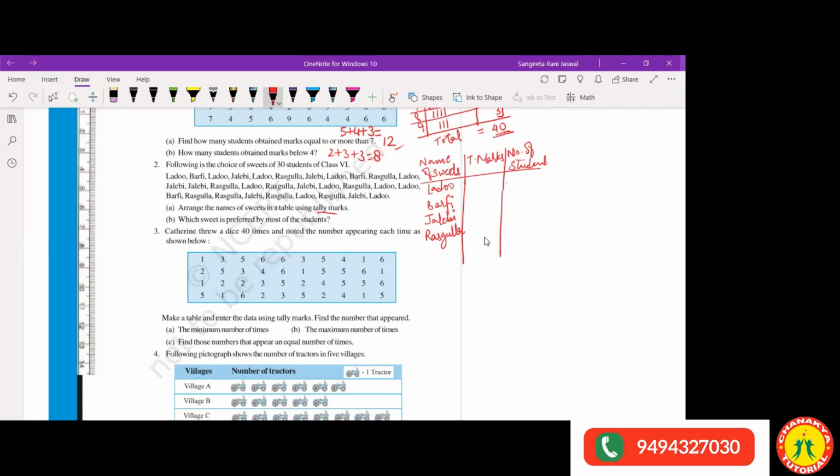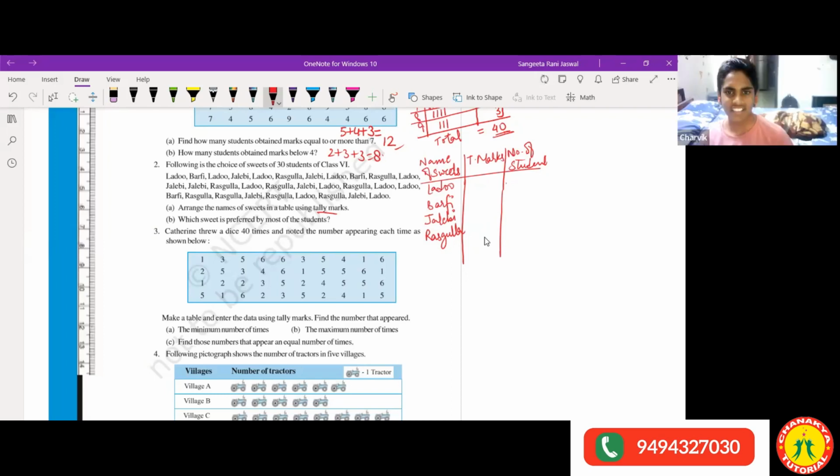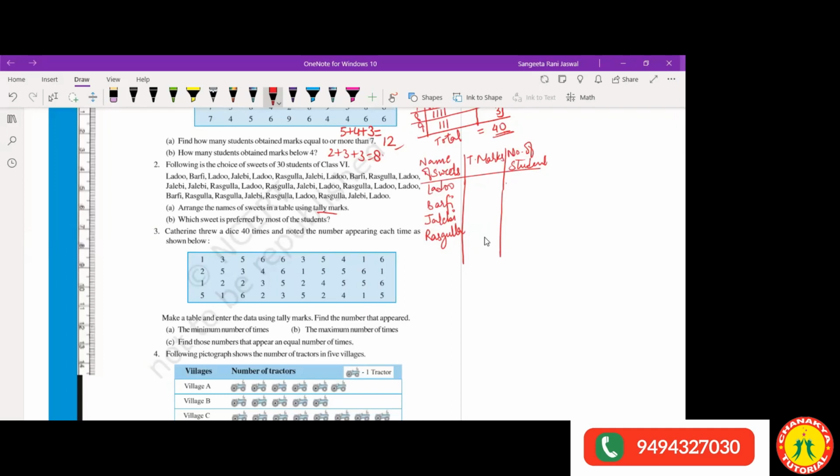Then which other sweet is written here? Laddu, barfi, jalebi, rasgulla. No, that's it. There is no other. Only these 4 are being repeated here. Okay, so write the number of children. How many like laddu? Please write.